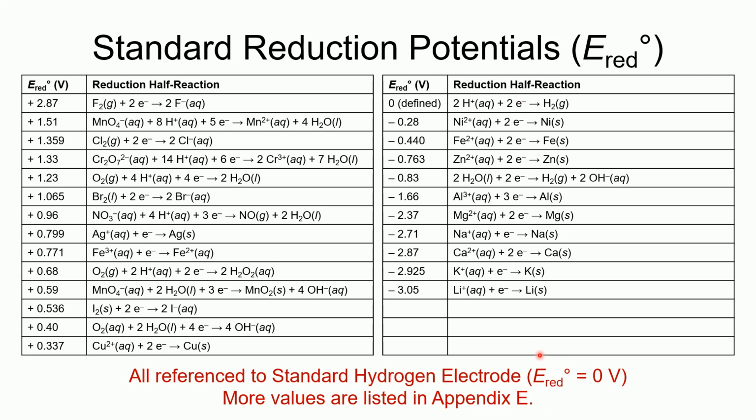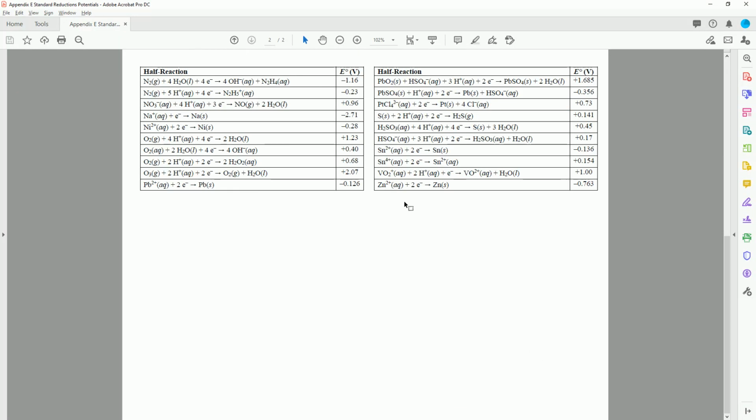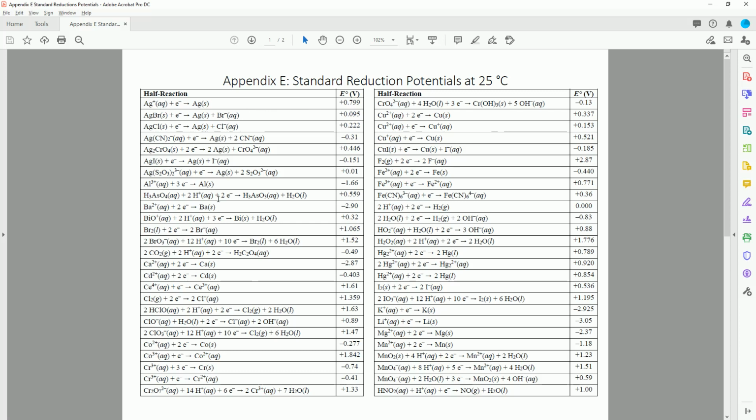Before I do that, I do want to go over to Appendix E so you can see the more complete list. So here is a more complete list. It takes up a page and a half, and it's double columned, so that's a pretty long list. You'll also see on this list that it is not listed in order of reduction potential.